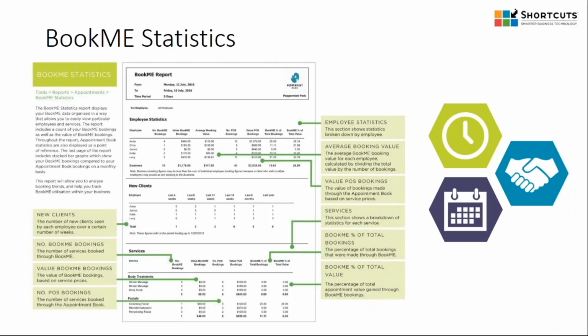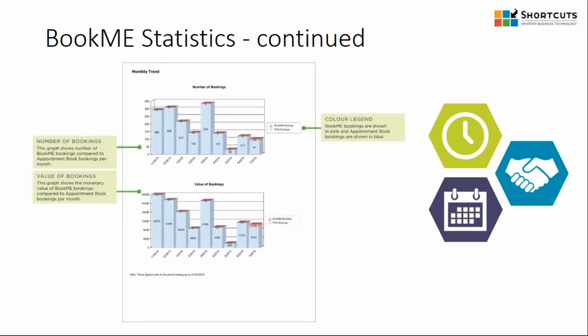The last page of the report includes stacked bar graphs which show your BookMe bookings compared to your appointment book bookings on a monthly basis. The report will allow you to analyze booking trends and help you track BookMe utilization within your business. And we also have the different graph on this page.